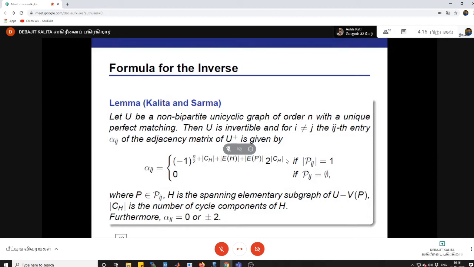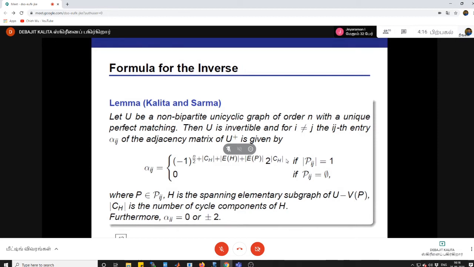This formula suggests that the adjacency matrix of the inverse graph has entries 0, plus or minus 1, or plus or minus 2, because it is unicyclic, so we can have 2 to the power of something.